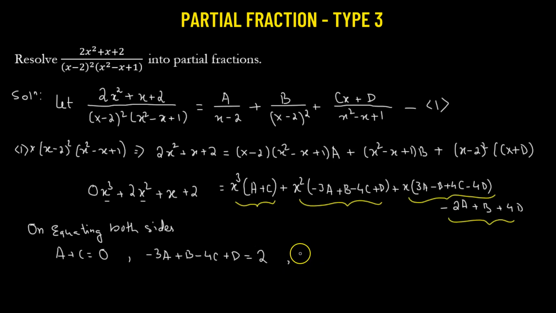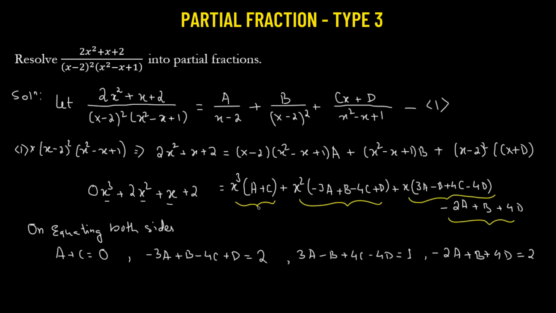Next, the coefficient of x, 3A minus B plus 4C minus 4D, equals 1. And finally the constant term, negative 2A plus B plus 4D, equals 2.